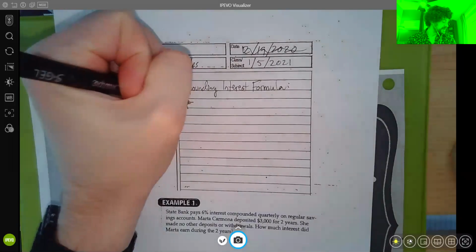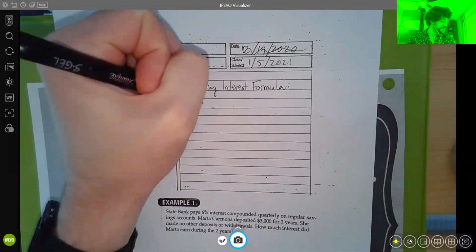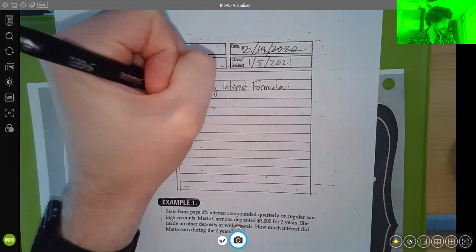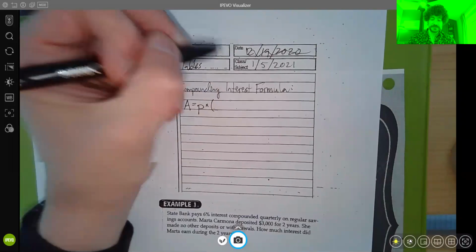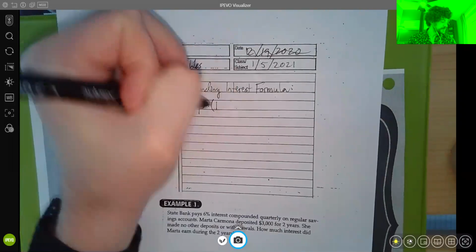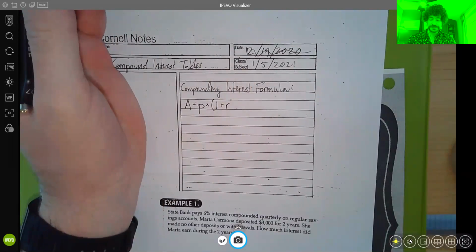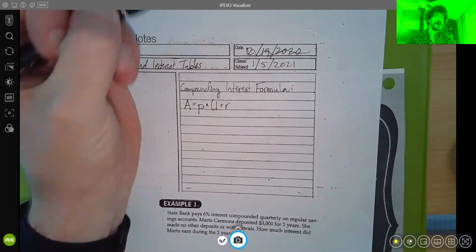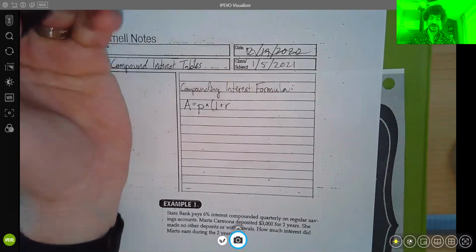And so the amount in the account is equal to the principal value, P, times, and then we have parentheses, 1 plus R. R is going to be a little bit different than R from simple interest. I just want to be up front with that.